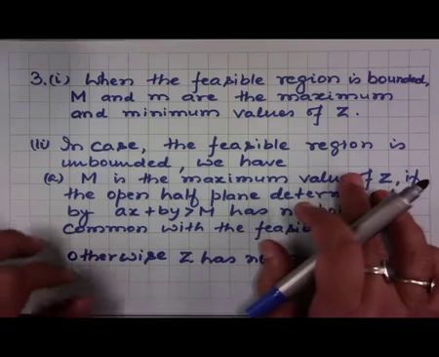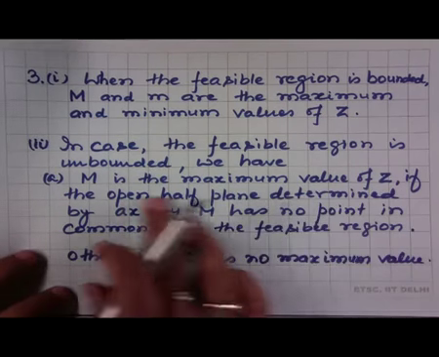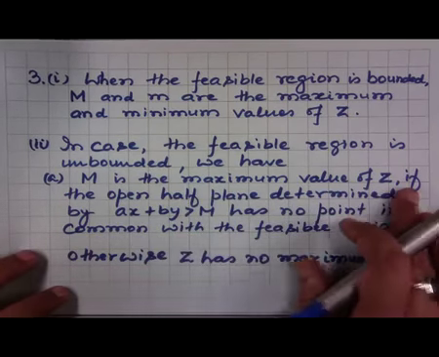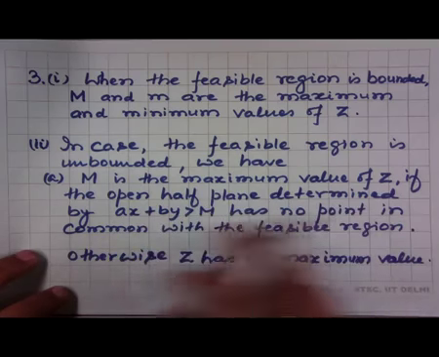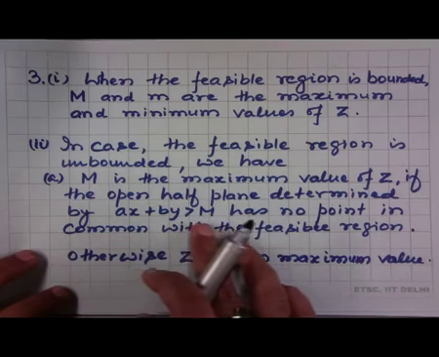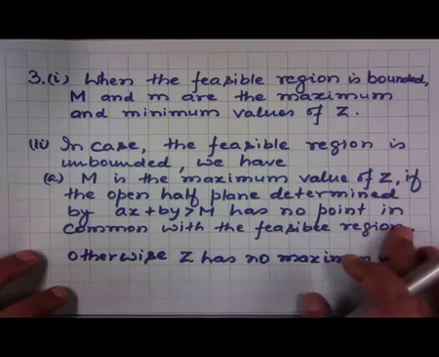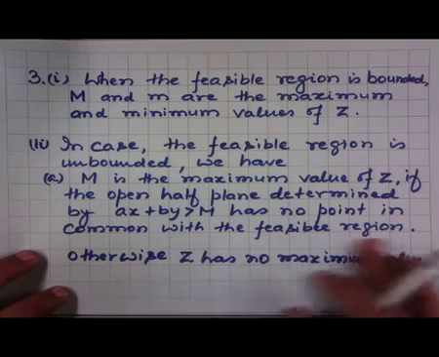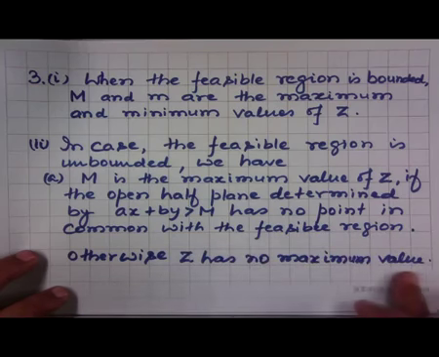The feasible region is unbounded, and M is the maximum value of z if the open half plane determined by Ax plus By greater than M has no point in common with the feasible region, otherwise z has no maximum value.